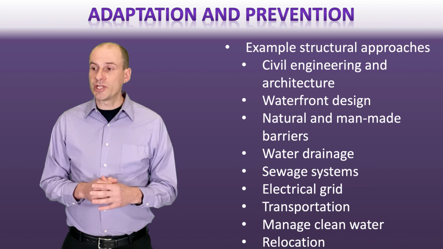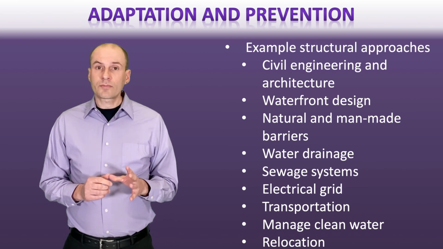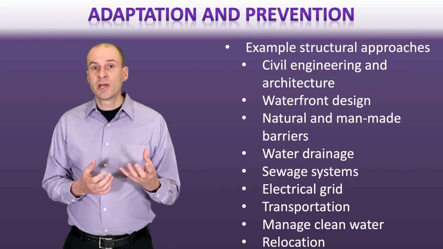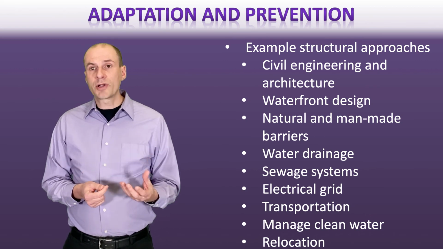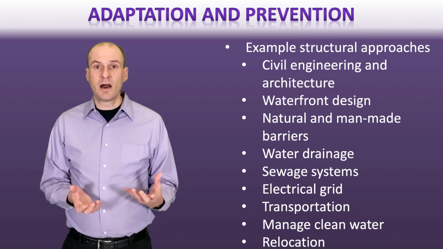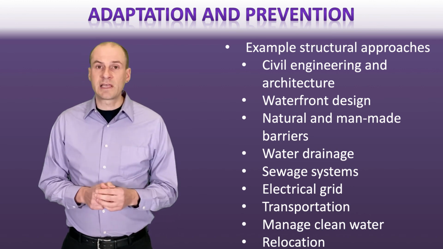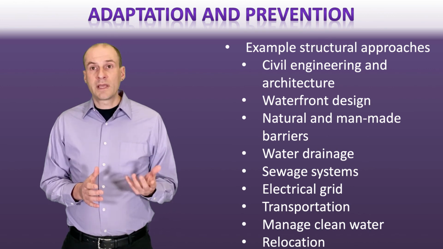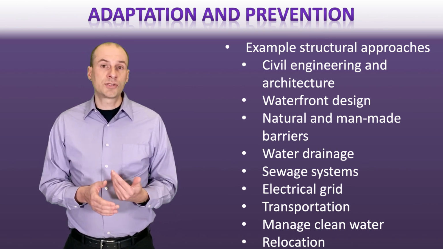We can also think about road design so that we are less vulnerable to roads being blocked off to prevent those transportation issues. We can also think about clean water, so that connects into sewage, but ensuring that our water systems for gathering water don't get overwhelmed by flooding so that we can continue to have clean water during these disasters. And in some cases, we need to think about relocation.